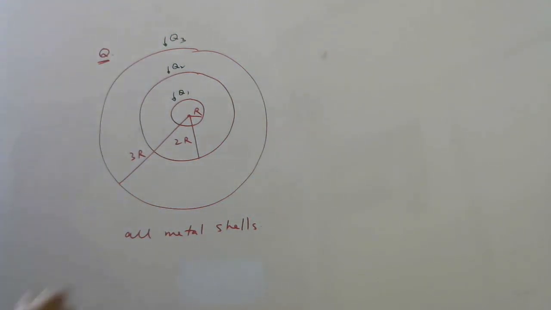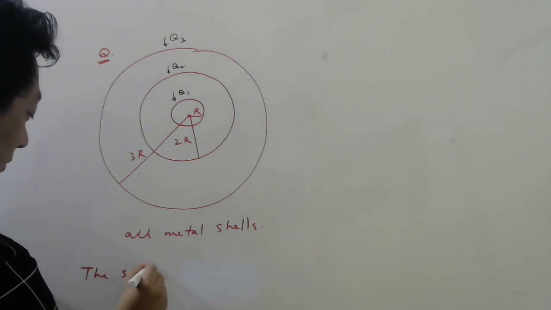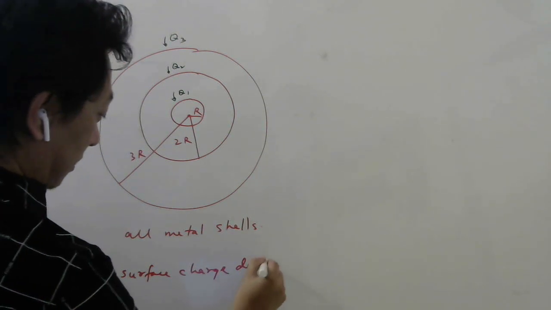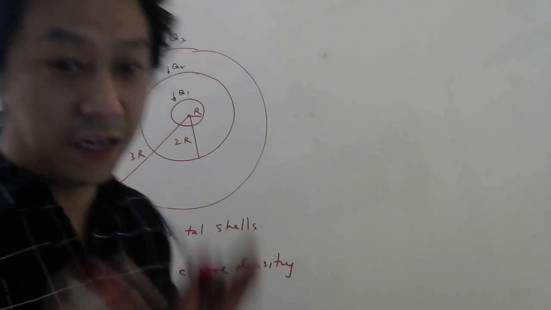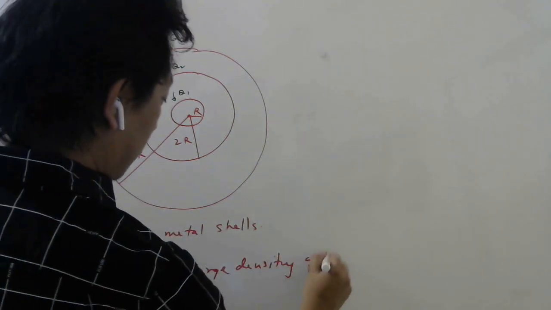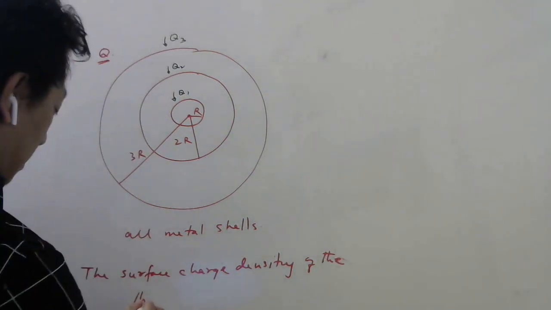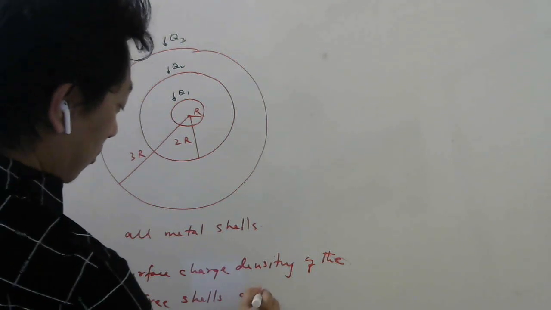Then they are also saying the surface charge densities. What is surface charge density, students? Charge per unit area, right? So surface charge density of the three shells are equal, they are saying.